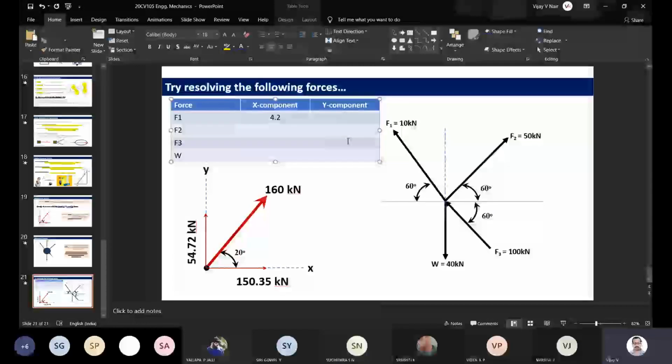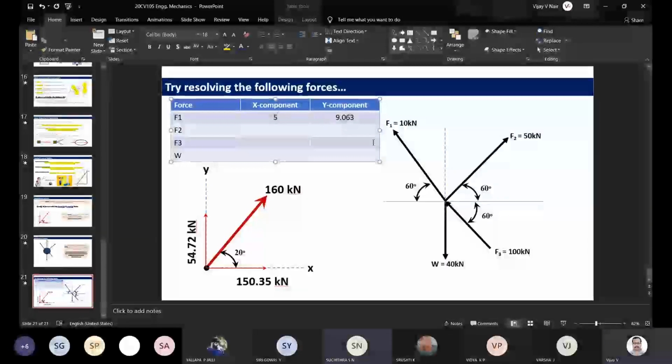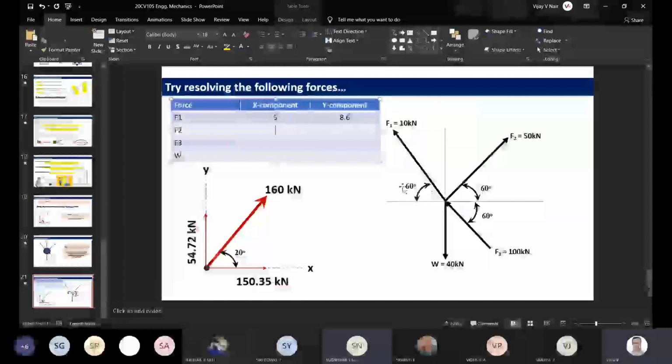Wait. F1 is 10, cos 60. 10 cos 60 should be 5, right? Why is it 4.2? Sir, I took 65 degree. Okay, fine. Y component 8.6. Okay, fine. I just changed it to 60.